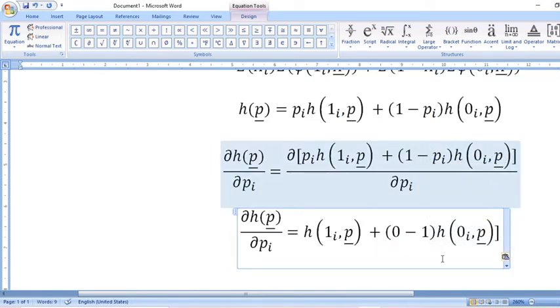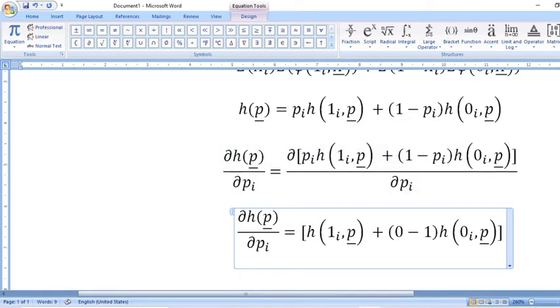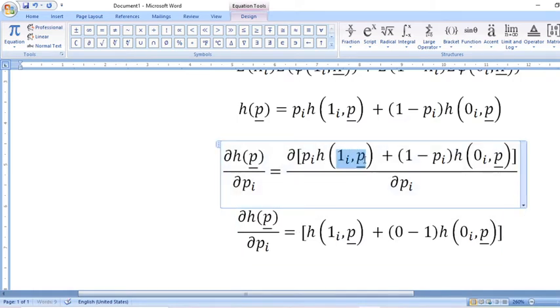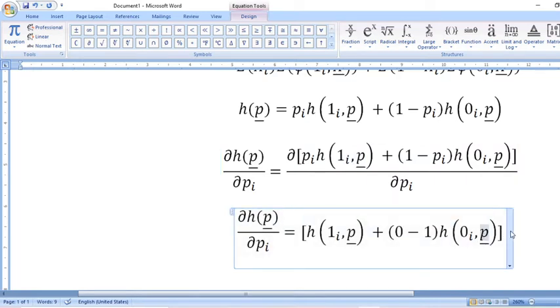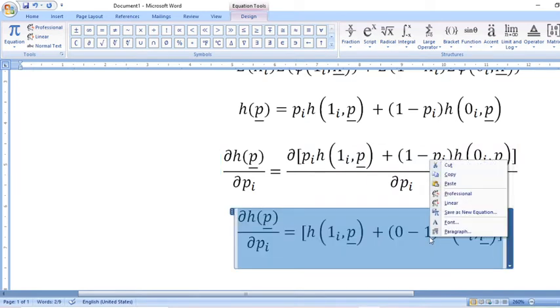I think this is the derivative with respect to pi. Since this function does not have pi, it can be treated as a constant. So we obtain this result, and we can simplify again.